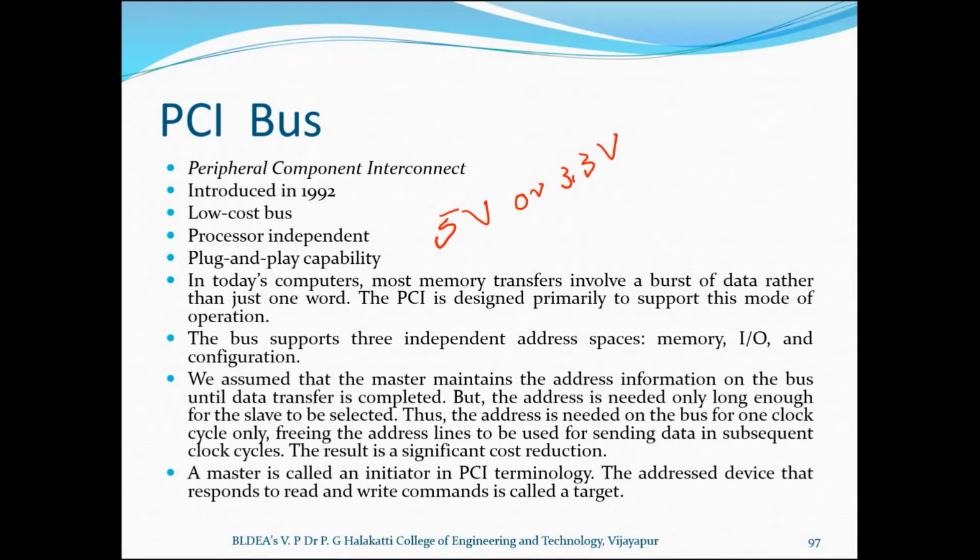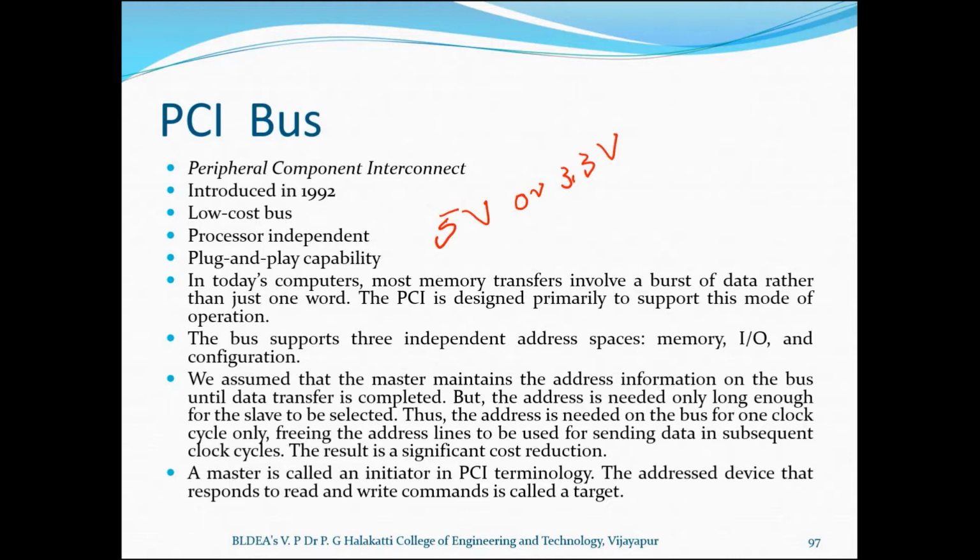Today's processors include a cache memory on chip, and data are transferred between the cache and the main memory in bursts of several words. The words are usually stored at successive memory locations. When the processor specifies an address and requests a read operation from the main memory, the memory responds by sending a sequence of data words starting at that address.